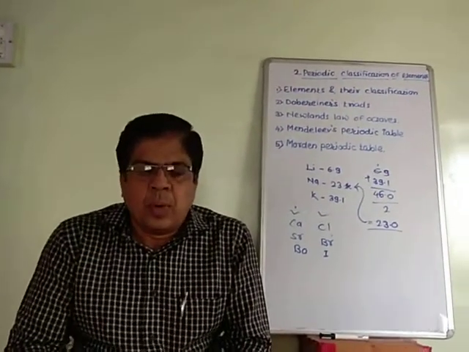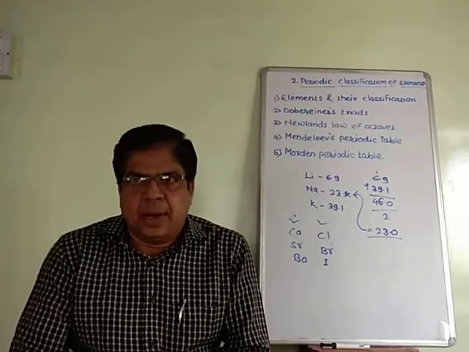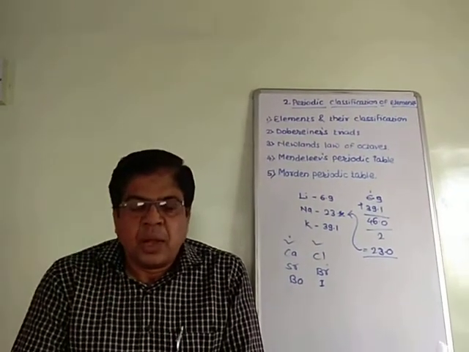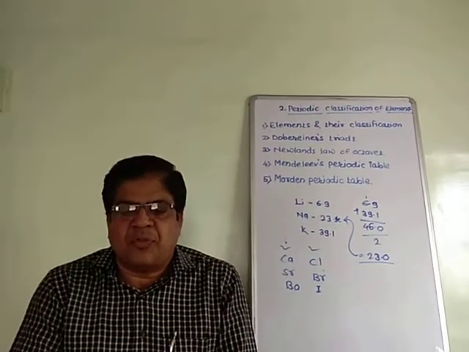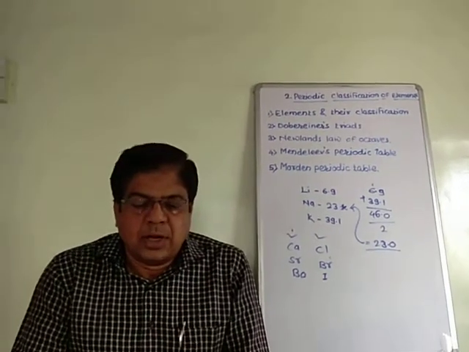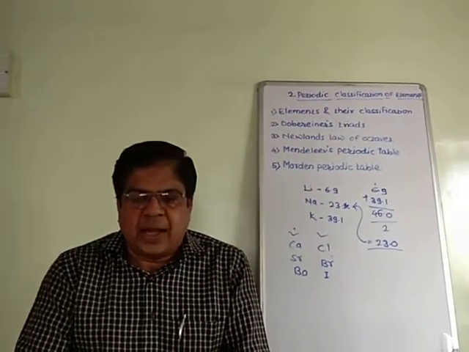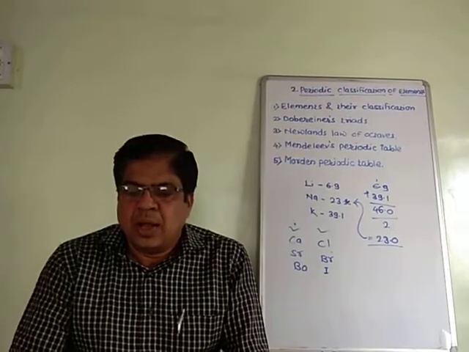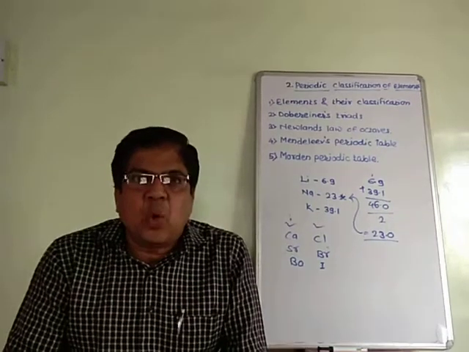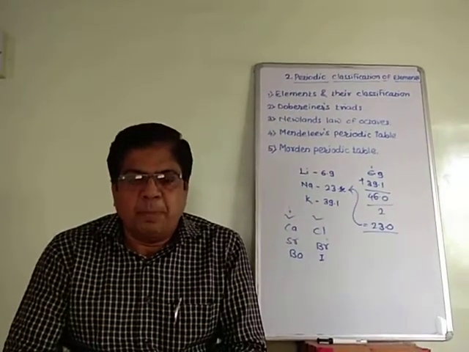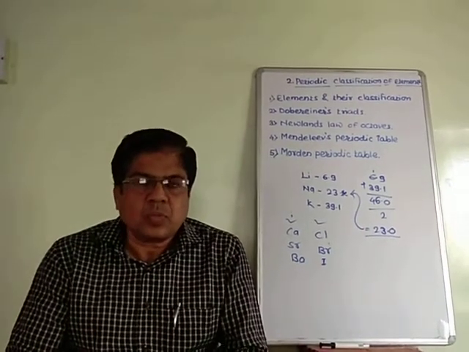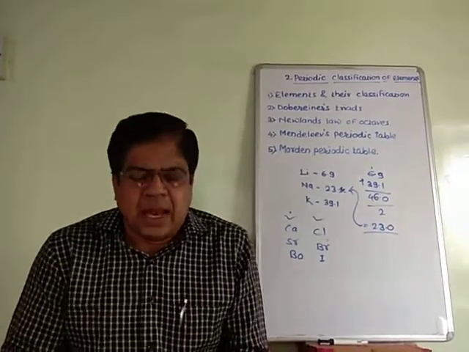The combining capacity of an element is called valency. Electrons present in the outermost shell of an element are called valence electrons. The distance between the nucleus of an atom and the outermost shell is expressed as atomic radius and measured in picometers, that is pm. 1 pm is equal to 10 raised to minus 12 meter, which is less than a nanometer.